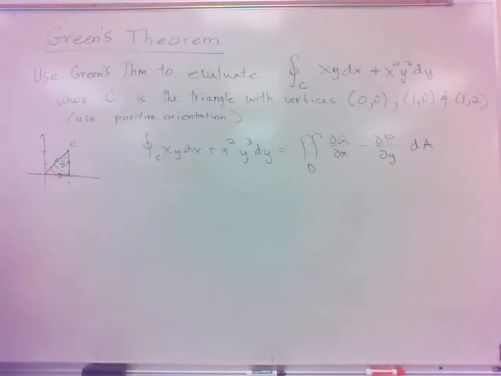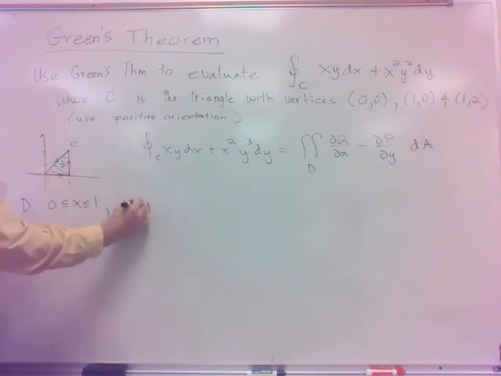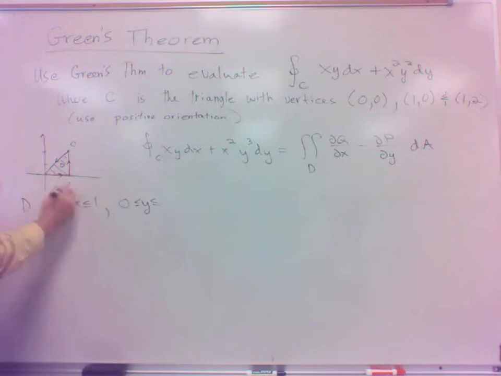So how would we describe this region? Well, if the x's go from 0 to 1, then how would we describe the y's? Y would go from 0 up to that line there.